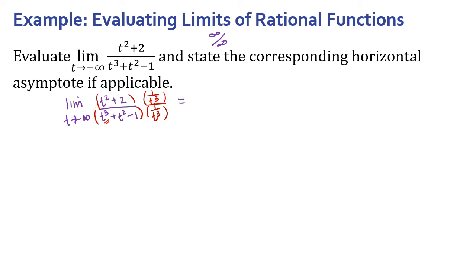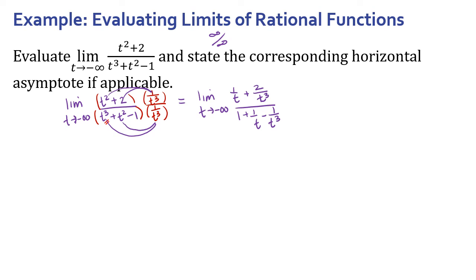When I do that, I get the limit as t approaches negative infinity of t squared divided by t cubed, which is 1 over t, plus 2 times 1 over t cubed, which is 2 over t cubed. In the denominator, t cubed times 1 over t cubed is 1, t squared times 1 over t cubed is 1 over t, and then I get minus 1 over t cubed.